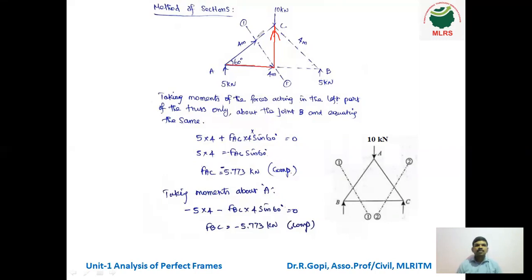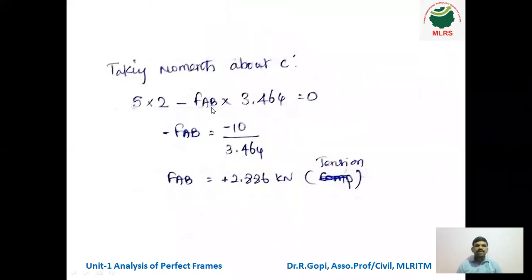This length is 4 meter, so 4 into sine 60. Consider only this triangle, where the angle is 60 degree and this is the hypotenuse, and we need only the opposite. So minus FAB into 4 into sine 60, which is 3.464. Therefore FAB is equal to 2.886 kilonewton, tension.